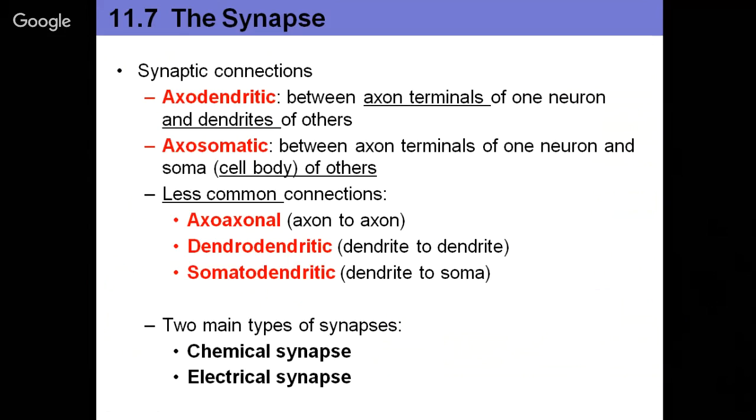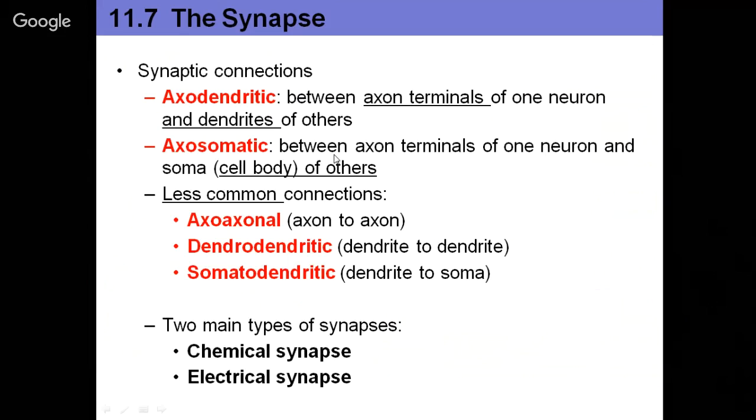The synaptic connections can be divided into majorly two parts, and additionally less common types are mentioned here. The more common ones are the axodendritic and the axosomatic. In axodendritic, the connection happens between the axonal terminal of one neuron and dendrites of others.